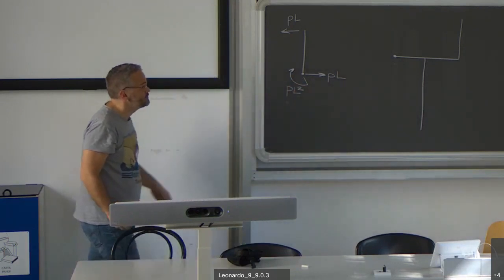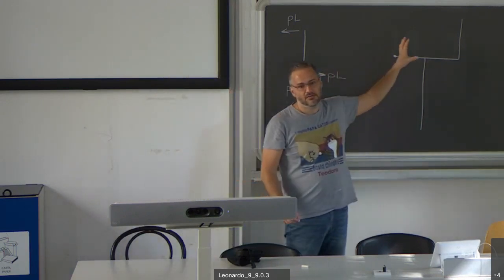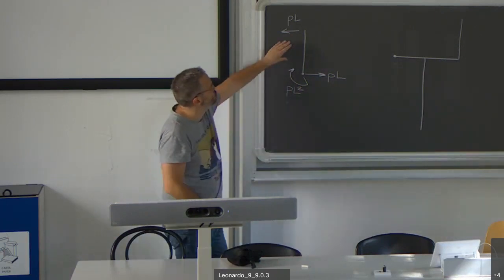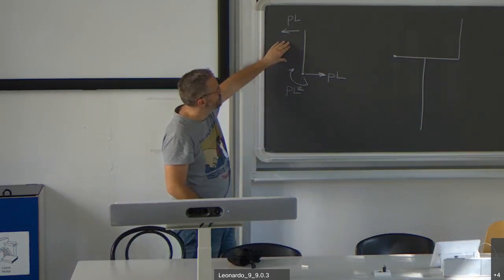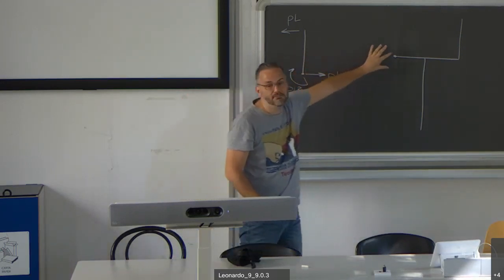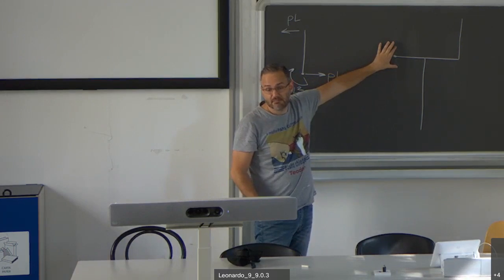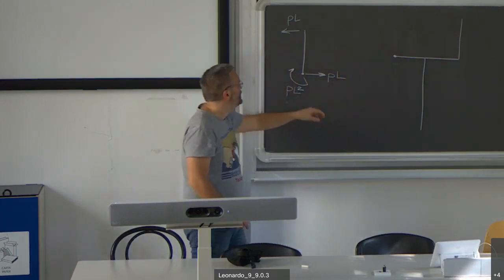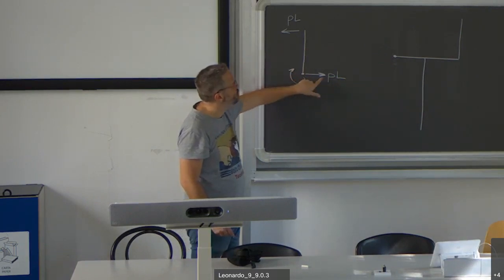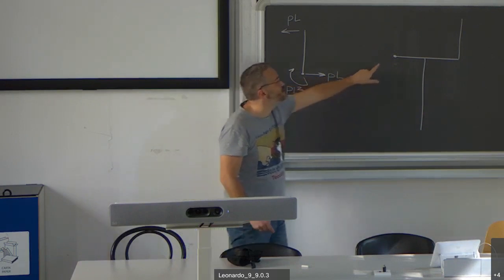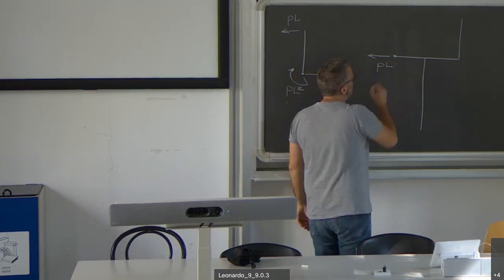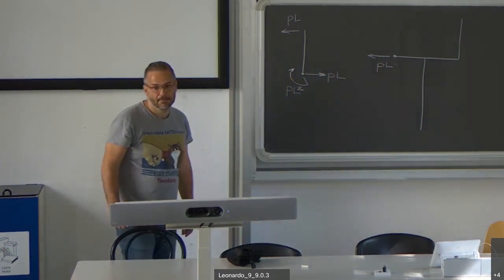Now if I want to study the rest of the structure, what is the way to take this portion into account? Basically, to substitute these two loads, take them and put them here by respecting the principle of action and reaction. So, if this point on this left portion is subjected to a horizontal force which points to the right, this point will be subjected to a horizontal force to the left.